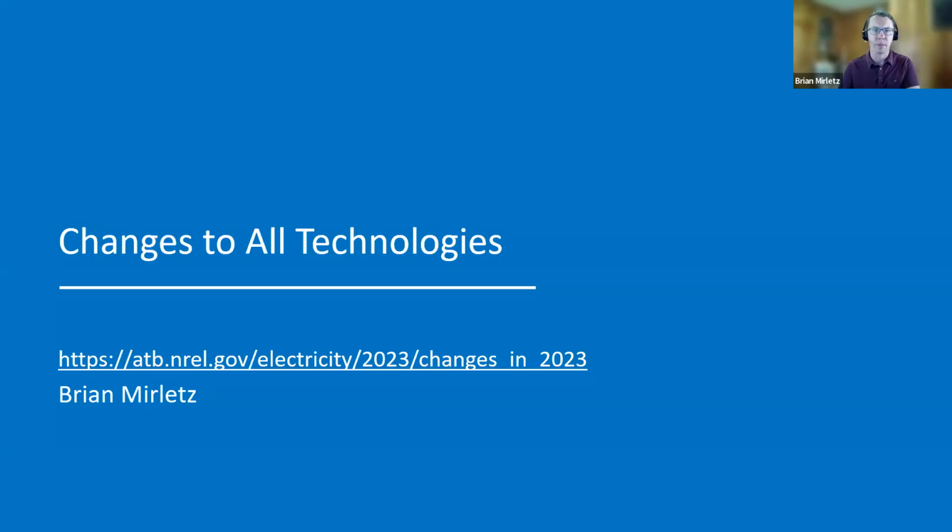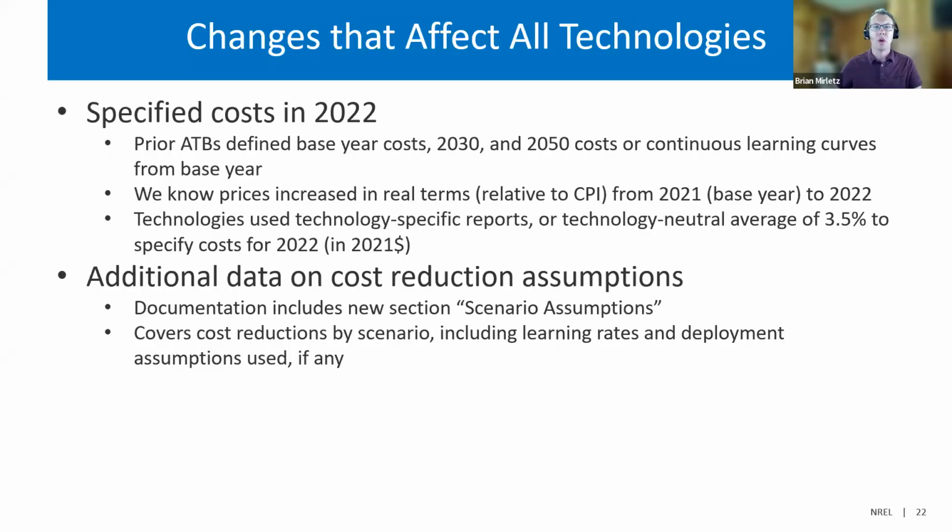So with that, I will summarize the changes to all technologies. In previous editions of the ATB, we would define costs in the base year, and then technologies would look at intermediate points in, say, 2030 or 2050, and then fit straight lines to those, or use continuous learning curves from the base year. 2022 is already over, and we know that prices increased in real terms.